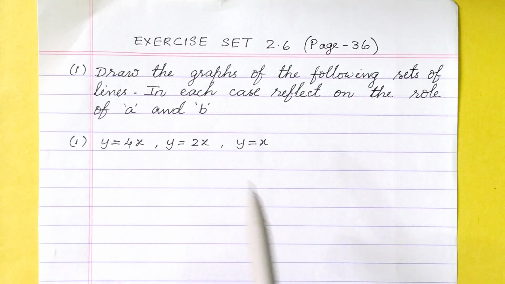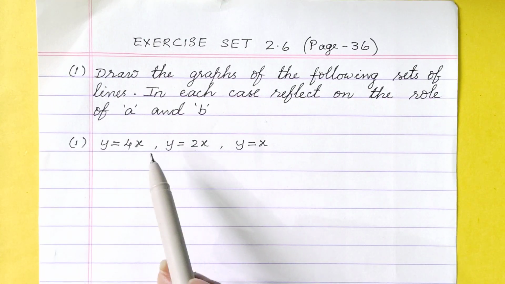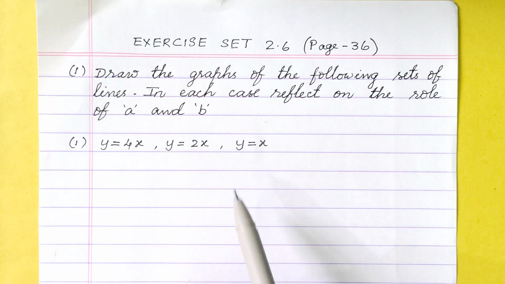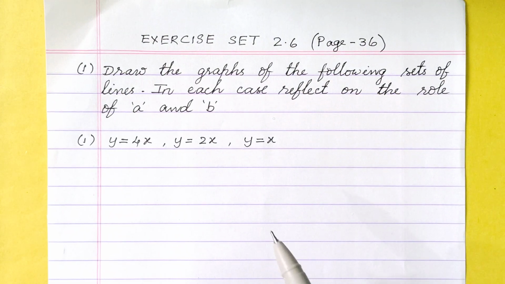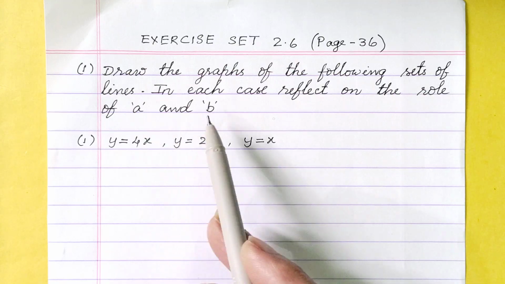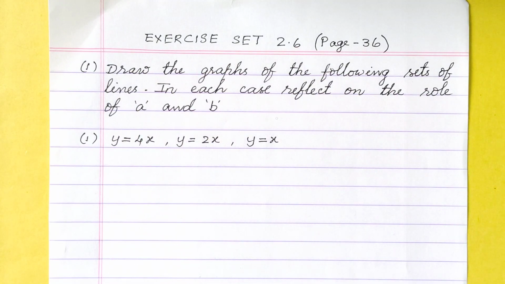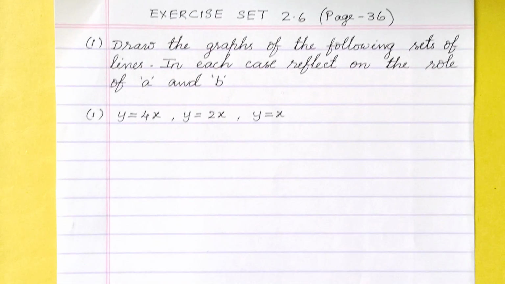So first we have to draw the graphs of all these three lines, and we have to speak about the role of A and B. So first we'll start drawing the graph now.